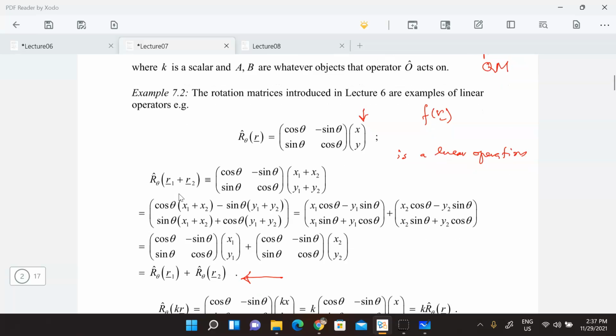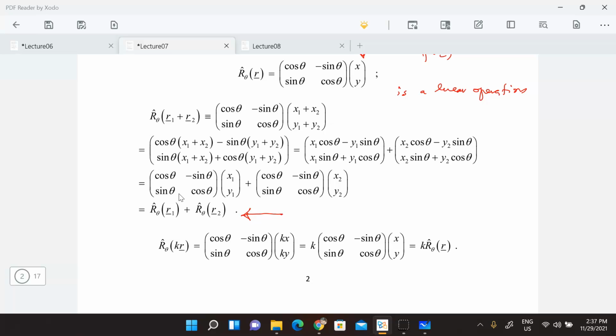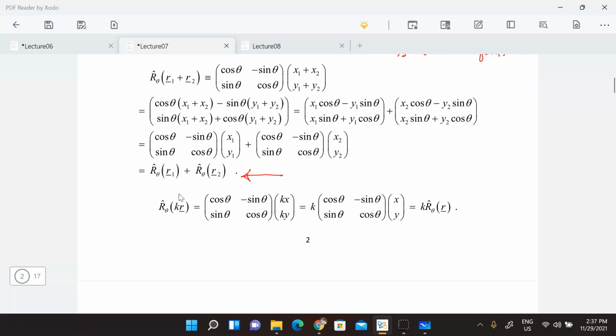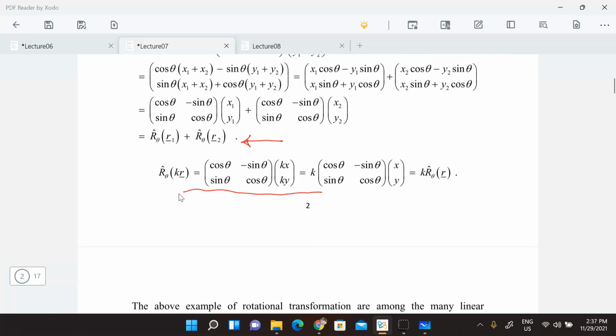So in other words, rotation matrices are going to be linear operations. This is quite simple for you to check. This is just your scalar multiplication.